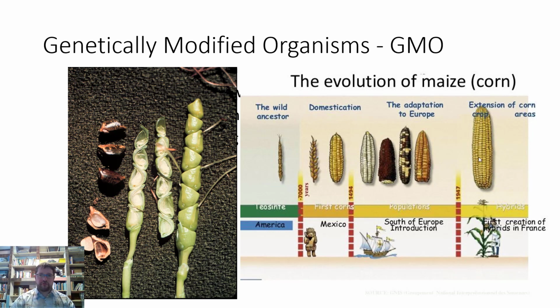So just to be clear, genetically modified organisms are organisms in which the genes of an individual are genetically engineered. I would argue, and I do argue, that taking pollen from one plant and giving it to another plant is still genetic engineering.